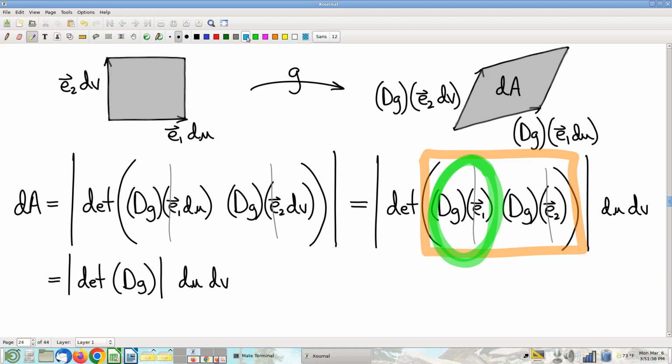What I see in here is I've got a matrix times a standard basis vector. And this is one of my favorite facts about matrices. When you multiply a matrix times a standard basis vector, you get the corresponding column of that matrix. So this then is literally the first column of DG, and I'm going to go ahead and write that down.